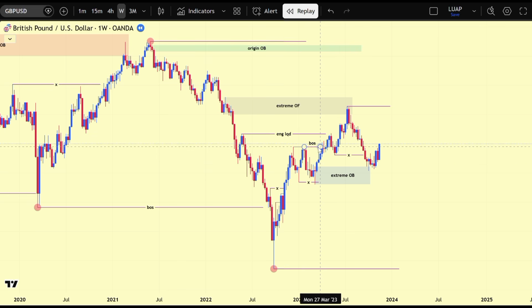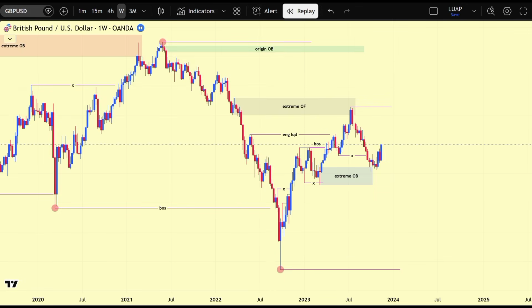So we have a break of structure there, and after the break of structure we usually wait for the inducement takeout and a mitigation of a valid POI before we participate for that entry. So price here has mitigated the extreme order block, and right here on the internal structure price has mitigated the extreme order block. So in this case, which POI will hold?